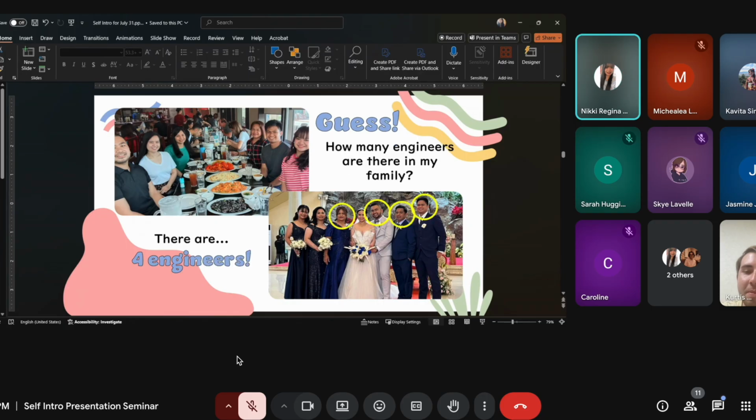Okay, so it's my mom, my older brother, my dad, and my youngest brother. So we have 4 engineers, and my sister is a financial manager, and my sister-in-law is an accountant.